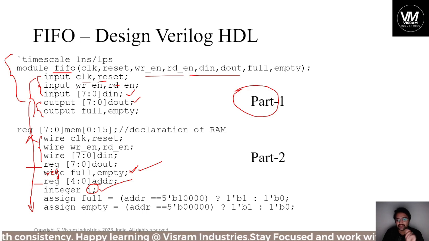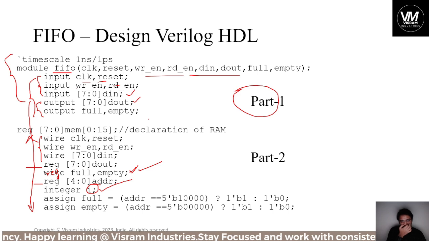If you forgot to write integer i, you will understand that in the procedural blocks you need some integer value, k, i, or j, or any other thing that can be added at the top in the declaration itself. So now assign the values for the full and empty flags.